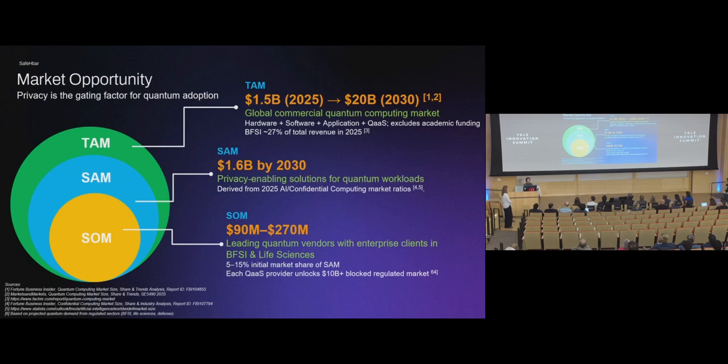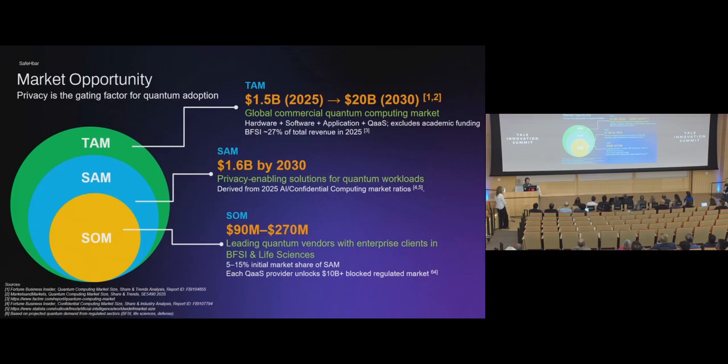I guess, of course, our solution will only be useful if a lot of people are using quantum computers. So with the scaling of quantum computer usage in general, we will be able to scale up.